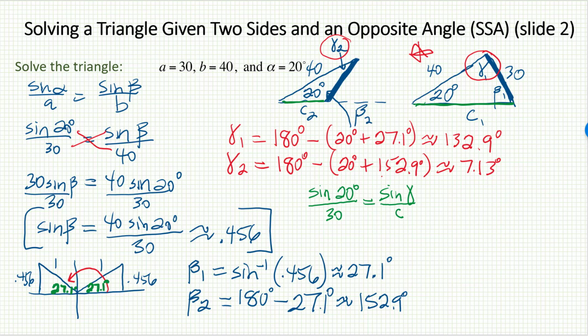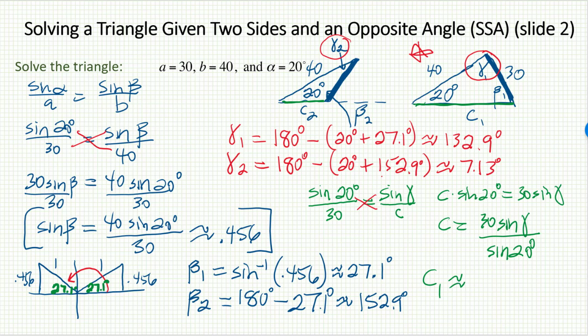I can cross multiply, which gives me C times sine 20 degrees equals 30 sine gamma. C is what I'm interested in finding here, and so I end up with C is 30 sine gamma divided by sine 20 degrees. All I have to do to get C1 and C2 is put in my two different gammas. So C1 will be 30 sine gamma 1 over sine 20 degrees, and C2 will be 30 sine gamma 2 over sine 20 degrees.